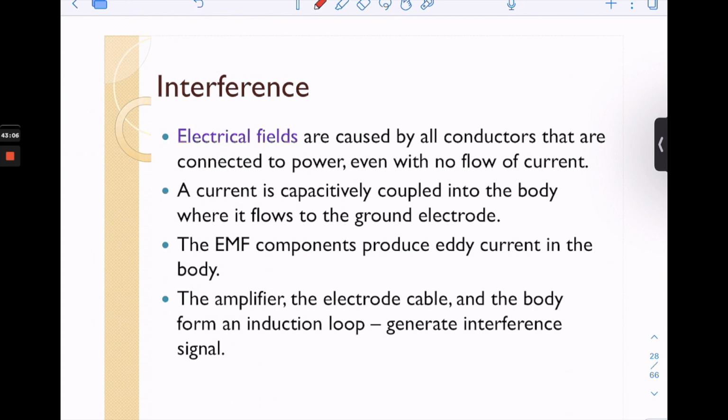So whether we like it or not, there will be some EMF component produced in the body. So that's why we need to consider this in our design.